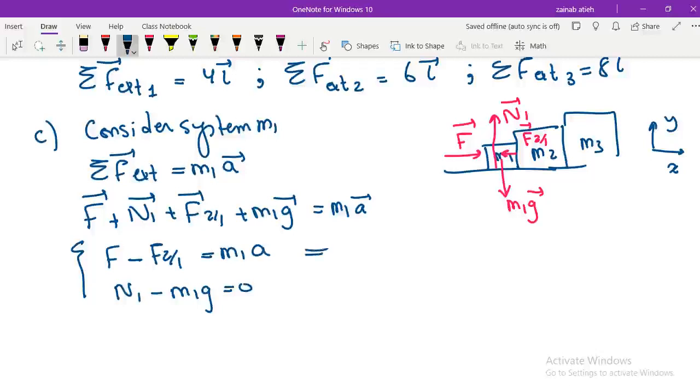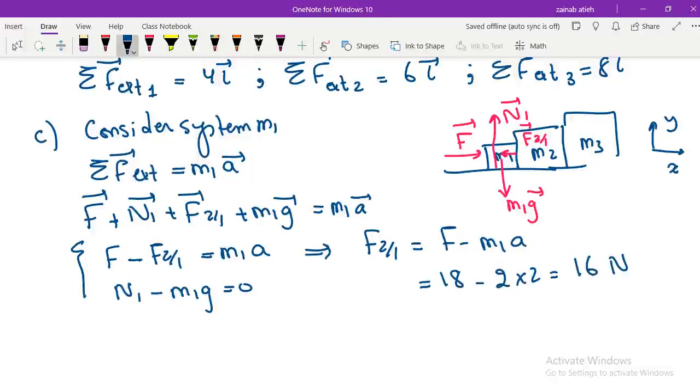I'm searching for F2 on 1, so I won't use the second equation, but I did the projection anyway. F2 on 1 is equal to F minus M1A. F was given as 18, minus M1 which was 2 times 2, so 18 minus 4, it's 16 Newton.